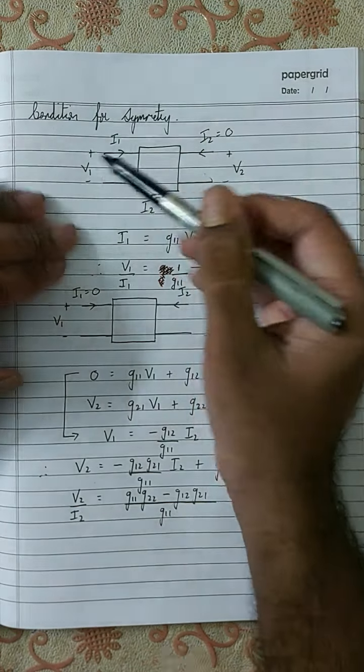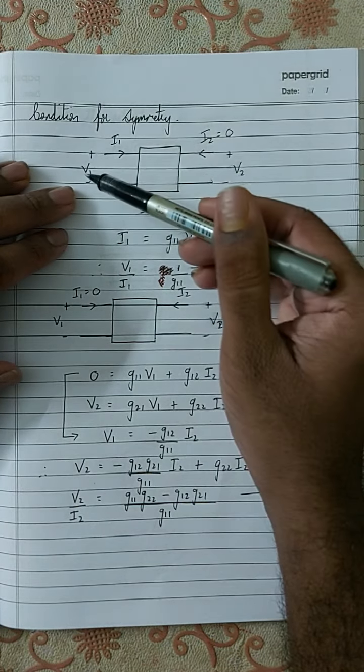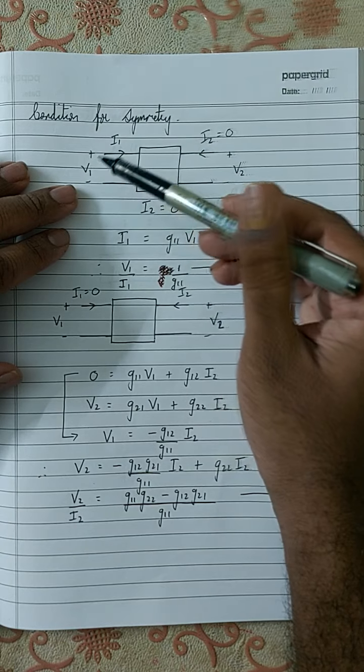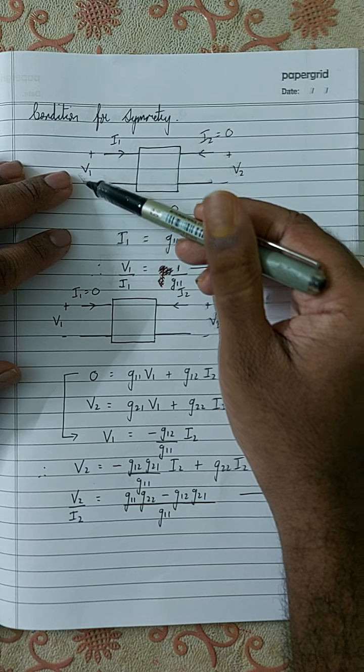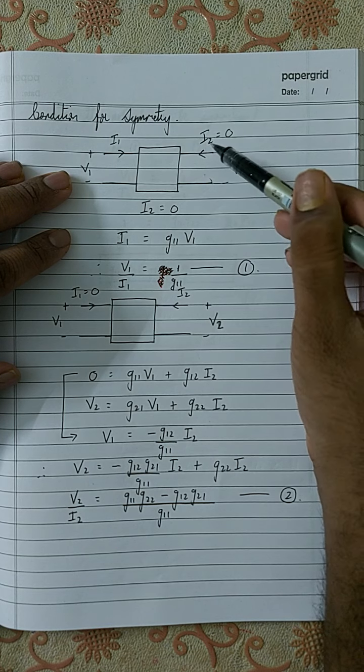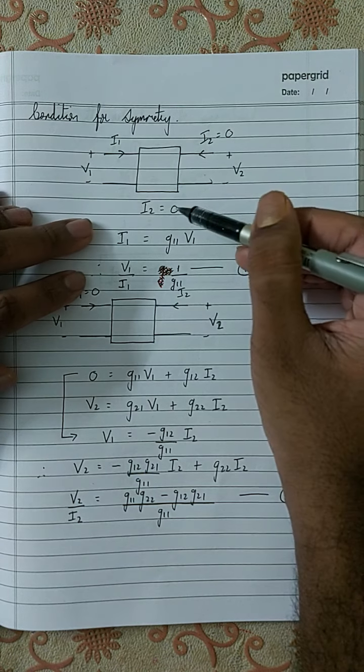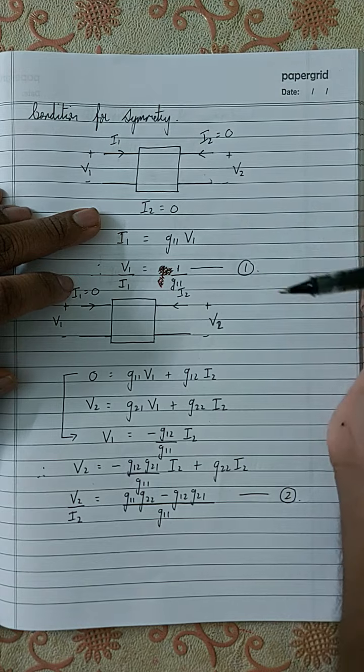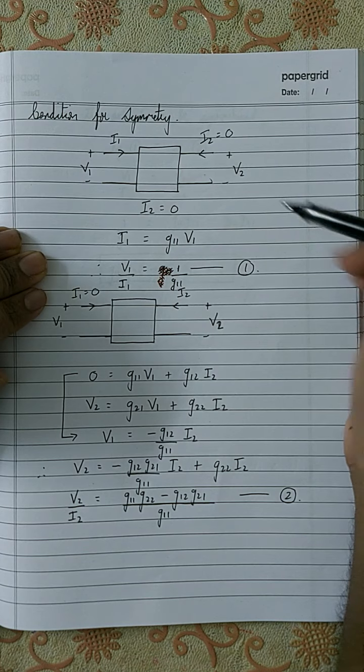So here the V1 and I1 is over here. I'm trying to find the equation of the ratio V1 by I1, and I keep port 2 open. Port 2 open means I2 is equal to 0. So I apply this condition to my inverse hybrid parameter equation.